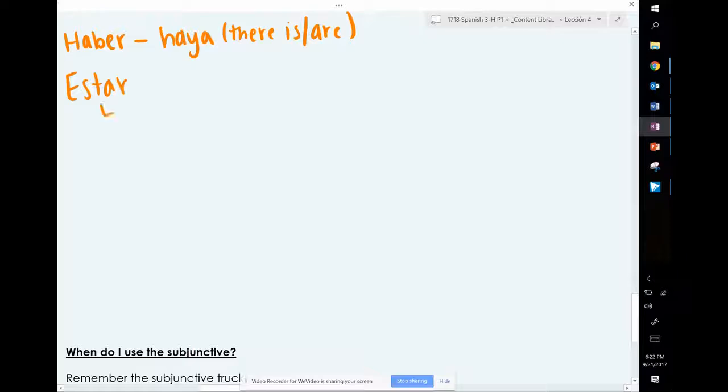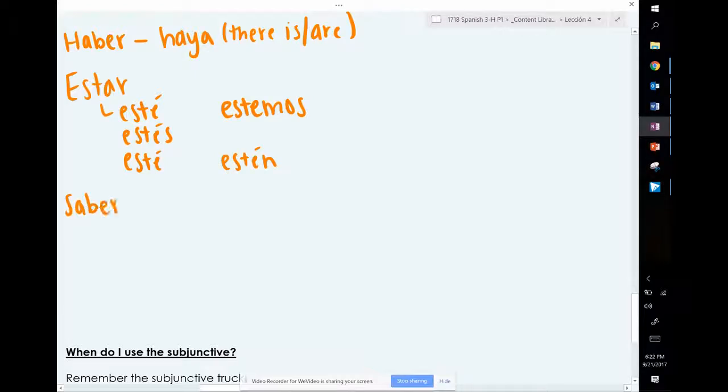Continuing on with our irregulars. Estar, which is esté, estés, esté, estemos, estén. Don't forget the accents everywhere but nosotros. And lastly, saber. Sepa, sepas, sepa, sepamos, sepan.